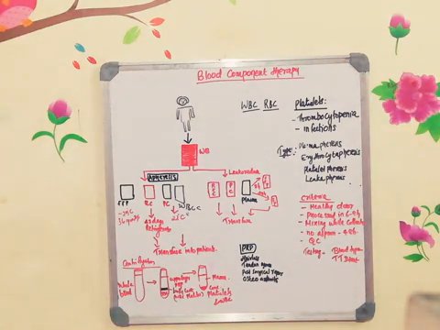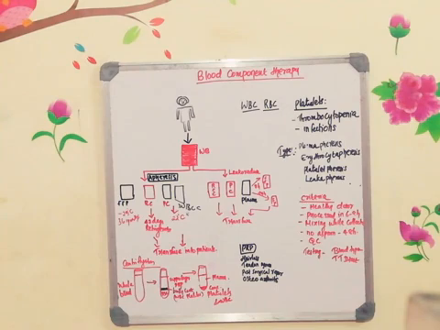Now in the case of plasma, in the apheresis technique, the separator will spin the blood at a rapid speed to separate the blood cells from the plasma. The blood will be passed through a membrane with pores. So in the case of plasma separation, they do rapid speed centrifugation to separate the plasma, or the blood will be passed through a membrane with very minute pores, which will not allow the RBCs to pass through.